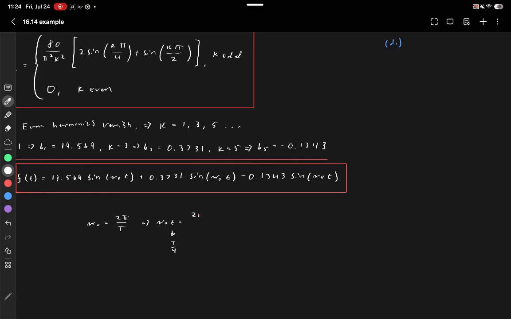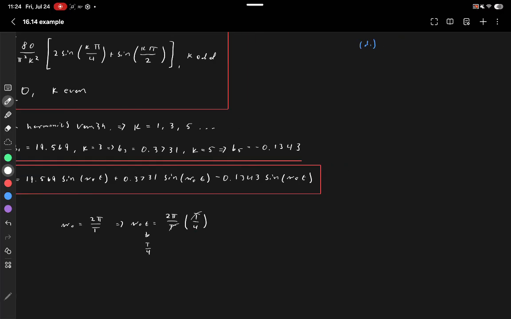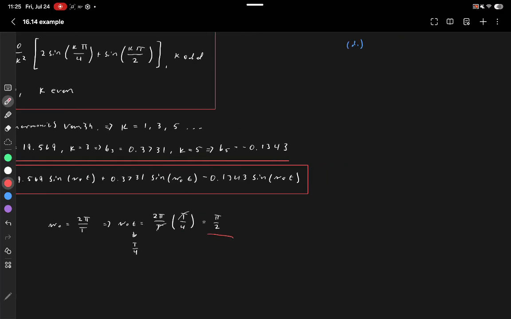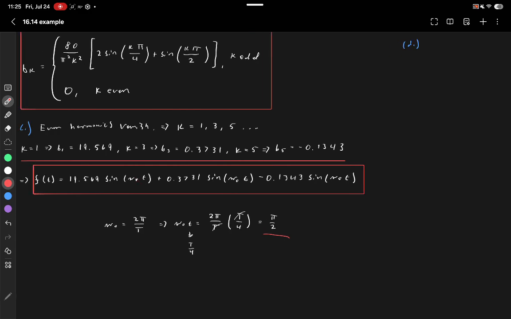So we can just say 2 pi over big T times T over 4. That's going to reduce to pi over 2. Now, with this, we're basically just going to evaluate everything we have here, but of sines of pi over 2.